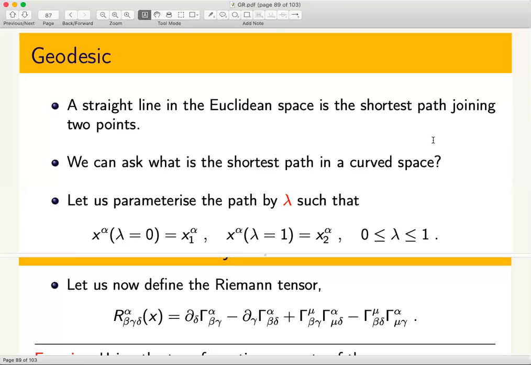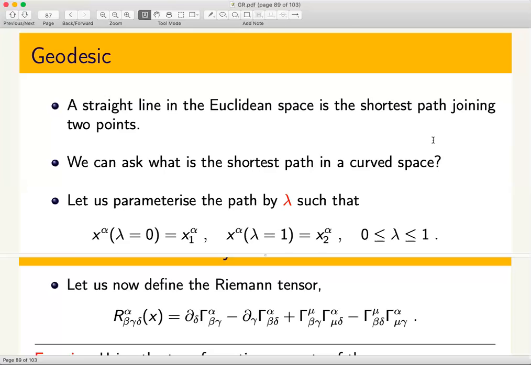But in reality, the geodesic equation is a statement about finding a path which is the shortest path from an initial point to a final point. In Euclidean space or in Minkowski space, that shortest path will of course be a straight line.